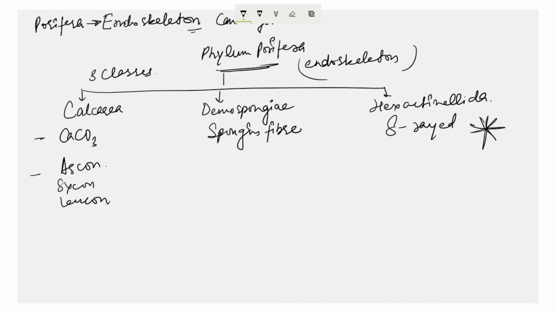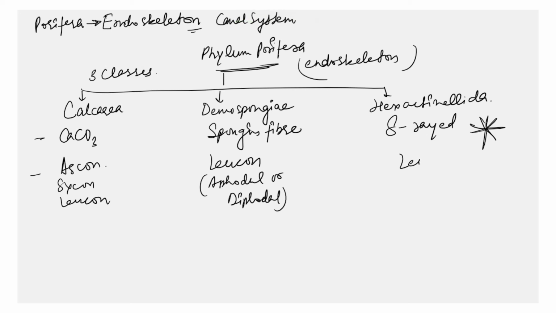In Demospongia we have the leucon type canal system, which could be aphodal or diplodal. In Hexactinellida, we have leucon type only.